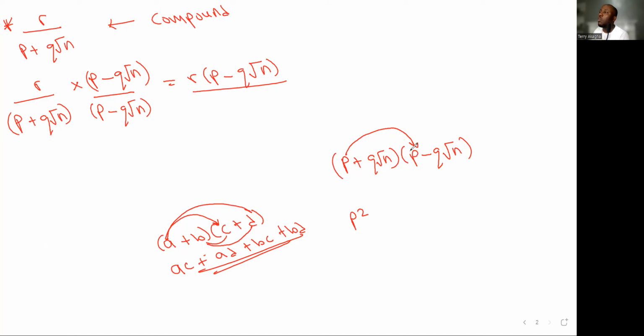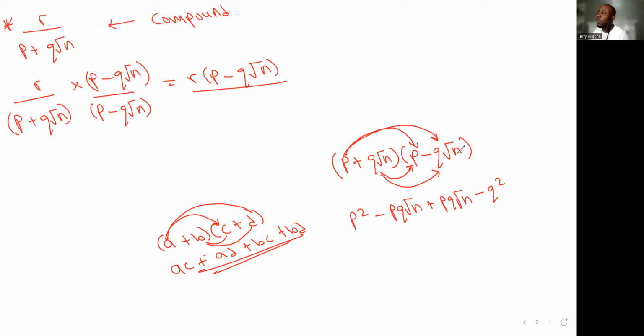So p times p gives p squared, minus p times q root n gives minus pq root n. Then q root n times p gives plus pq root n, and q root n times minus q root n gives minus q squared times root n times root n.